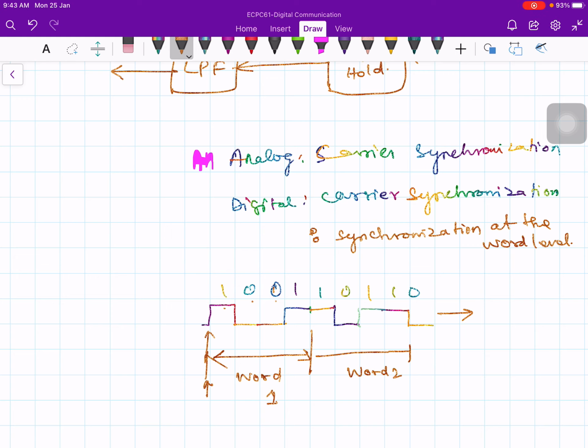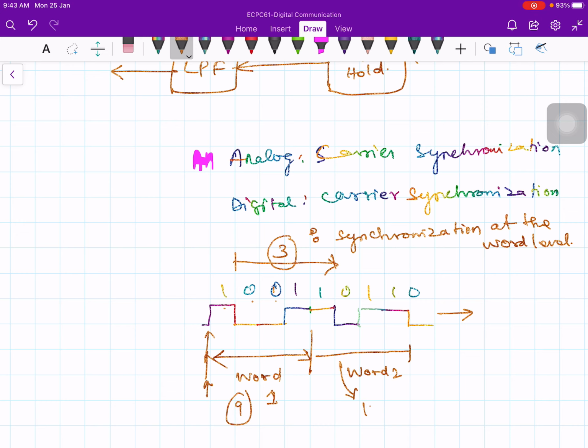In case by mistake you make a wrong decision and take this as my word, then it is completely gone. 0011 is equivalent to 3. Here 1001 is 9. So instead of decoding as 9, now you are decoding as 3.